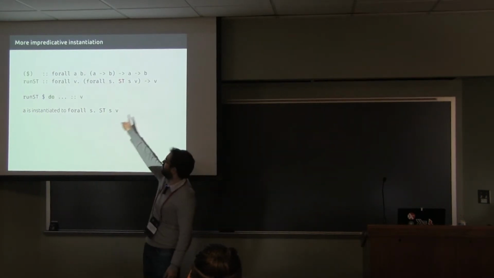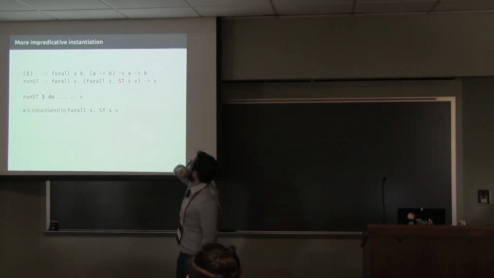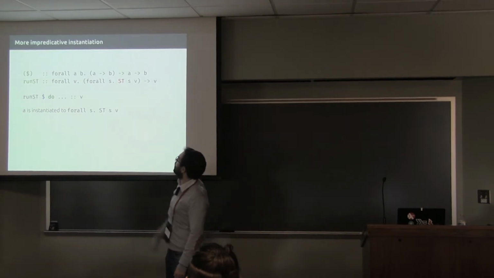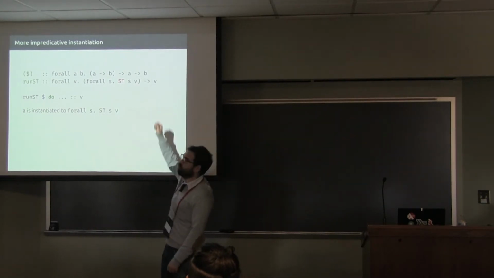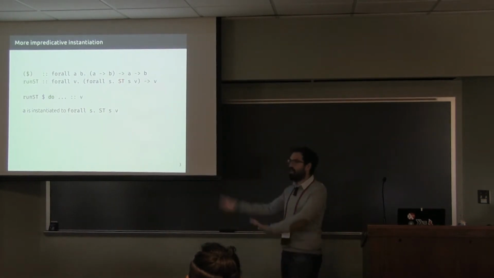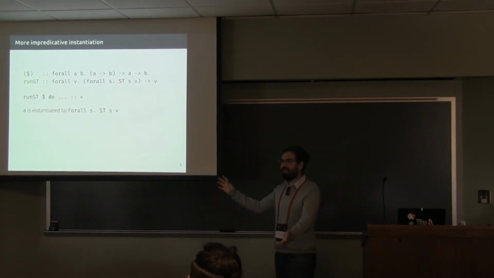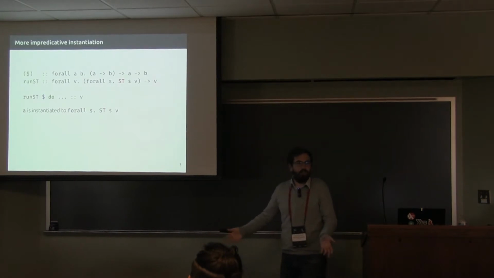You can see this in the type of runST. So you get some operation in the monad ST, which generates a value of type v, and then this will give you the value v, and this is all pure and nice. By the way, this is quite nice if you need to implement an imperative algorithm in Haskell, but still you want to be pure, but use mutable variables, because maybe the algorithm is explained in that way.